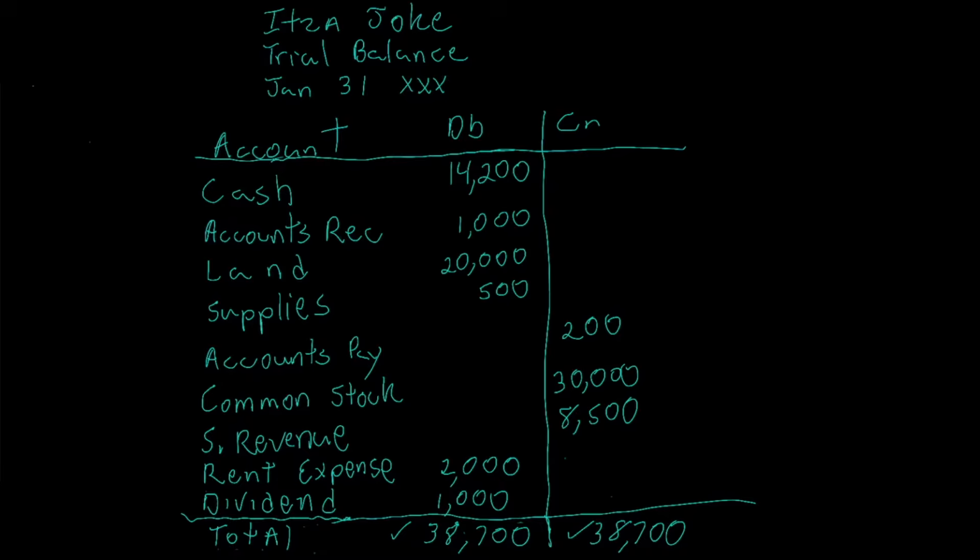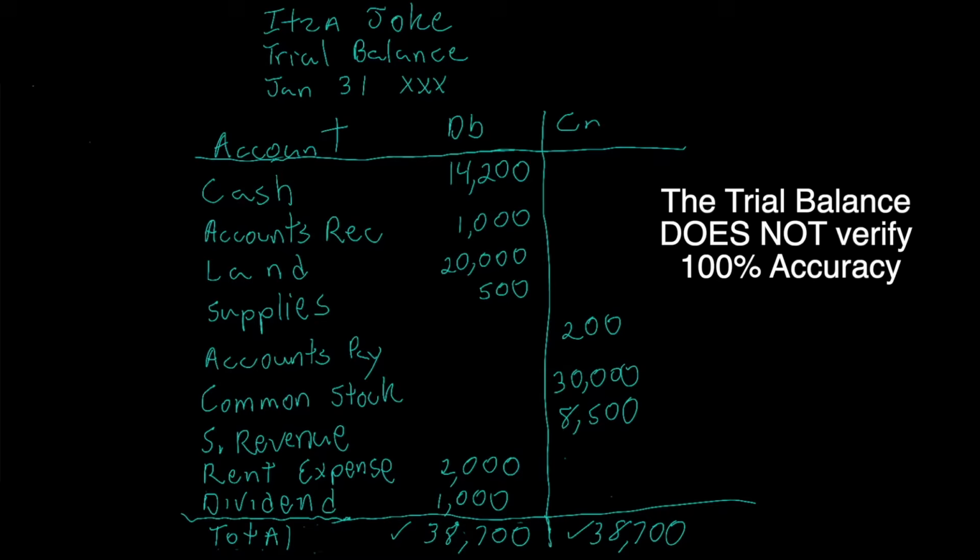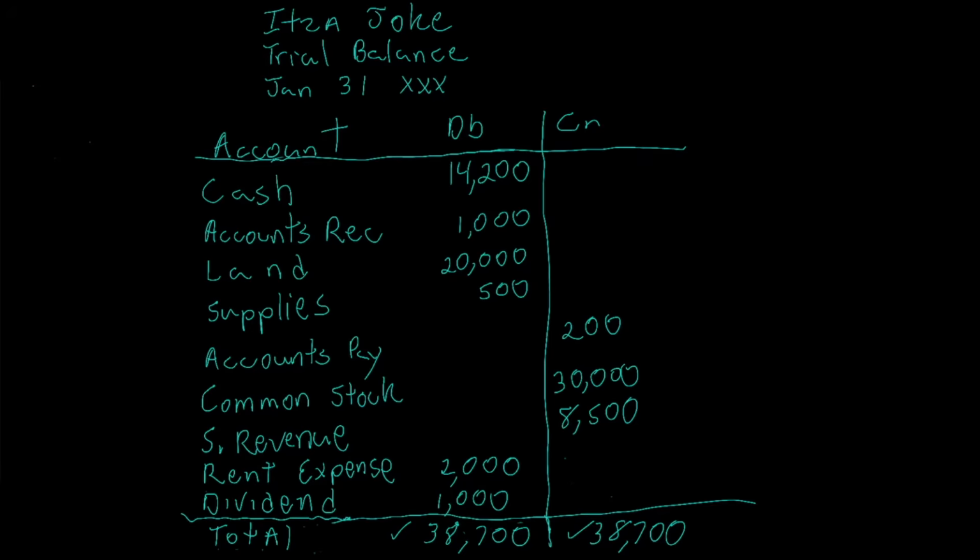And before I get into this trial balance, I want you guys to understand this with absolute certainty. The trial balance doesn't verify that you are 100% correct in your journal entries and your postings. So basically what I'm saying is that the trial balance could be correct, but you still could have screwed up in a transaction analysis, or journalizing, or posting.